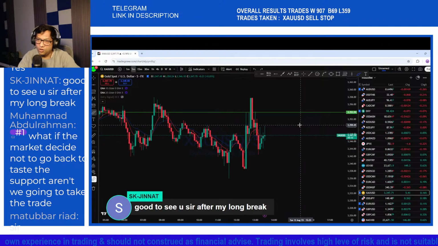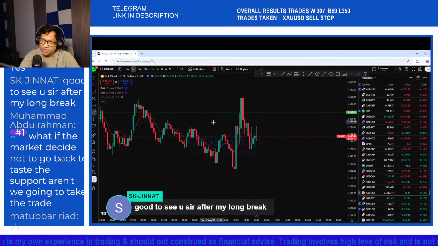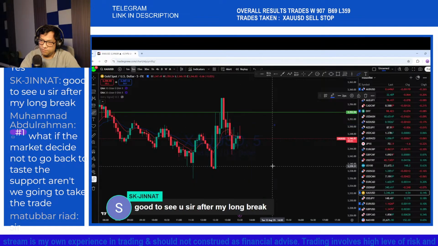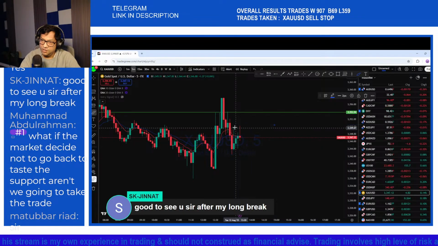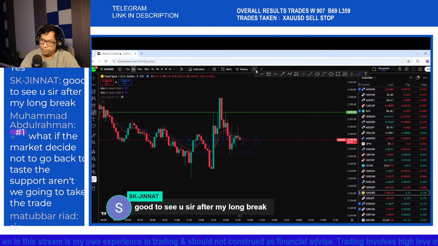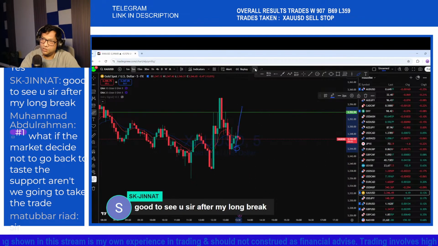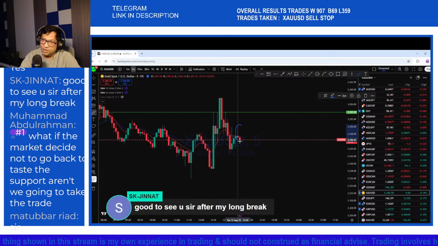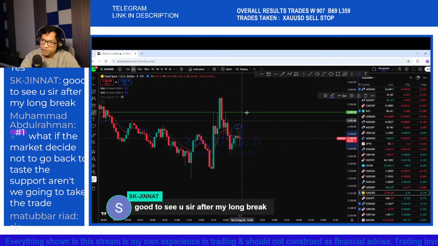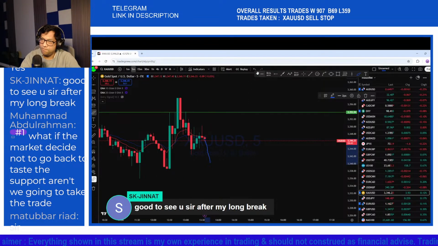Now before that, the only thing that you need to know is the market structure, how the price is building that market structure. Because when you see this candlestick pattern, the market is potentially going to drop, and when you see this candlestick pattern, the market is potentially going to bounce. And then we see a red doji which has crossed this high, which is also potentially a bearish price action.